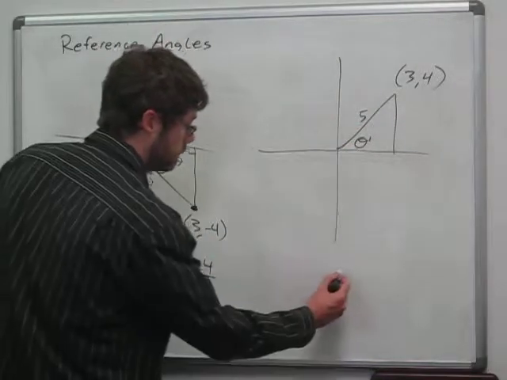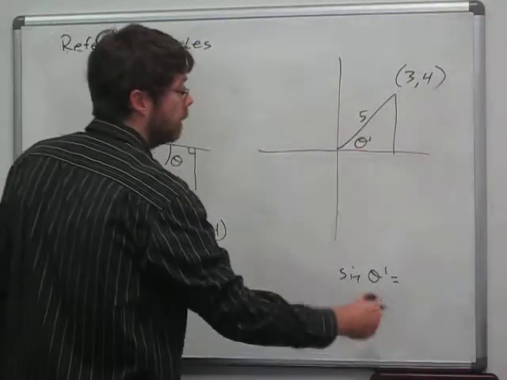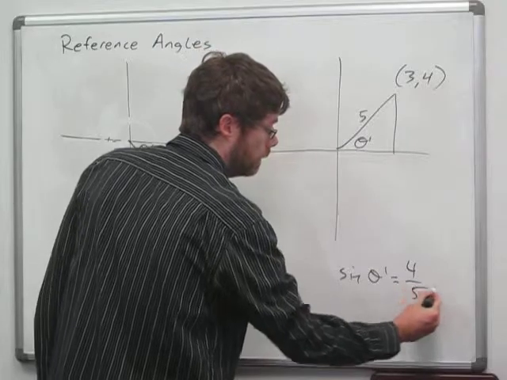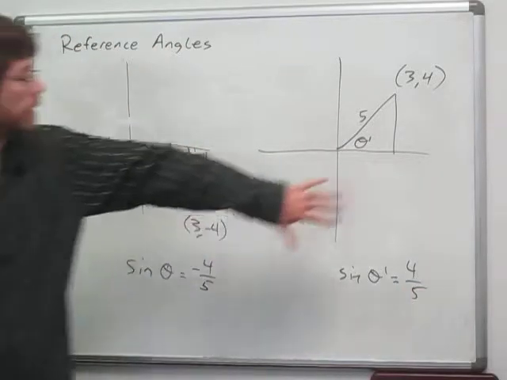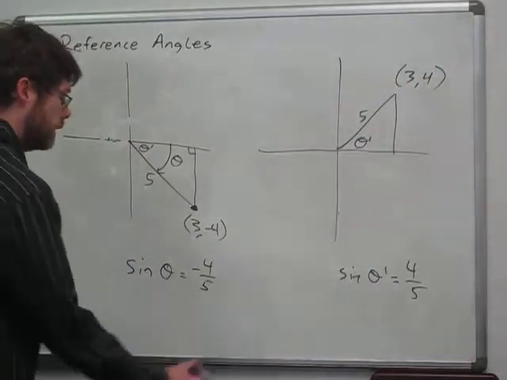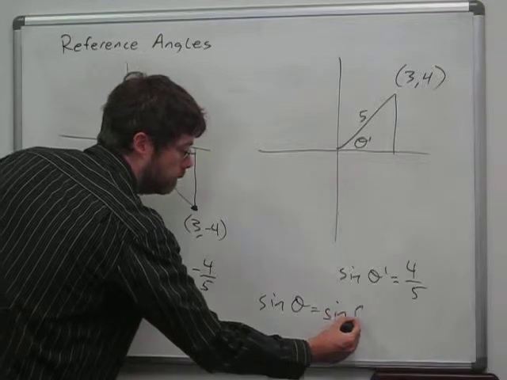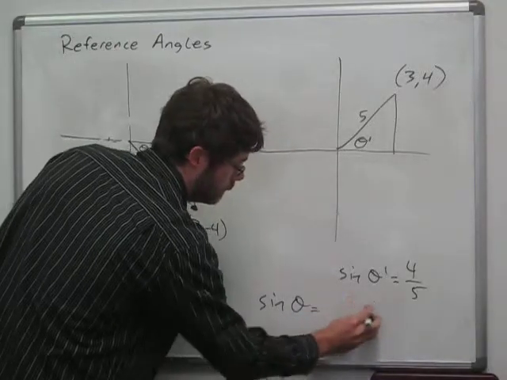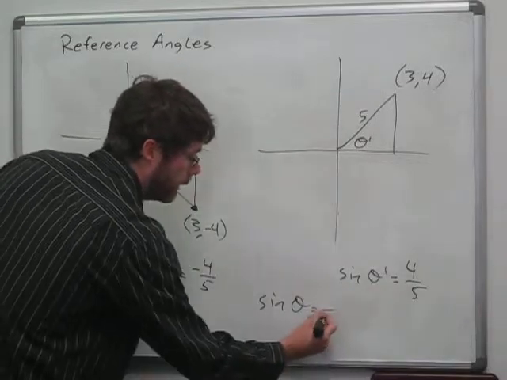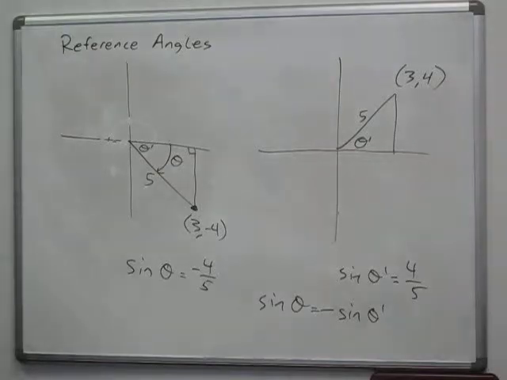But if I use my reference angle, sine is going to be 4/5, but the sine is negative in quadrant 4, and of course it's positive in quadrant 1. So if I wanted to use my reference angle, I merely need to recognize that I need a negative in front of the sine of theta prime.